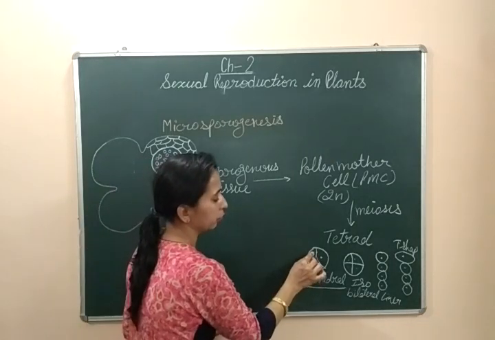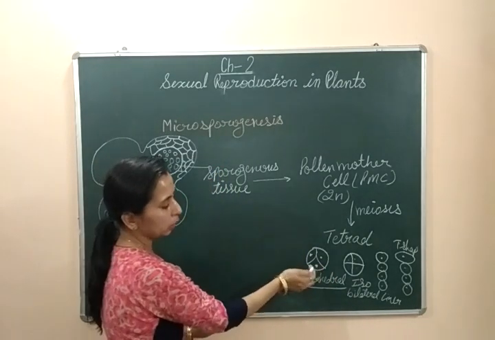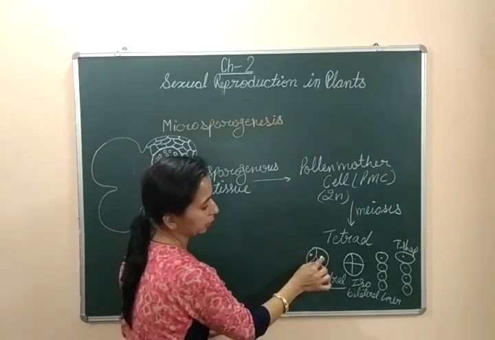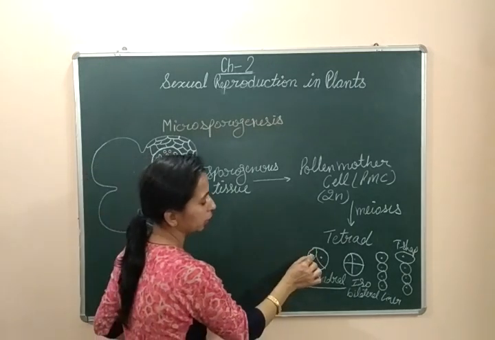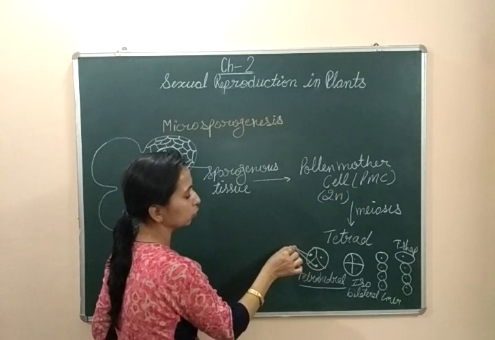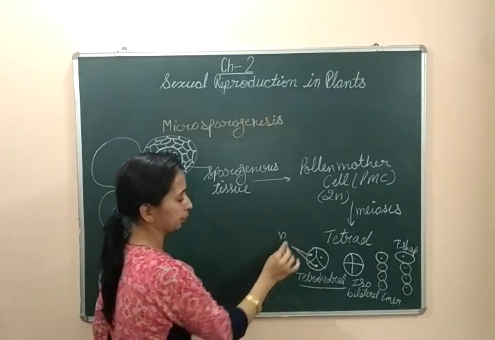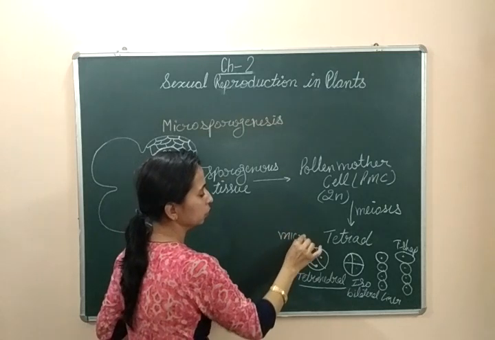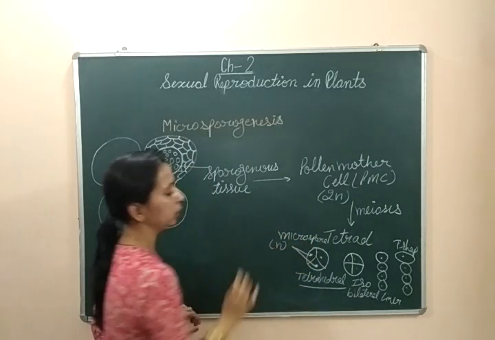In the tetrahedral tetrad, four microspores are arranged in such a manner that we are able to see three from that side, and one is found just behind these cells. All these microspores are haploid in nature.